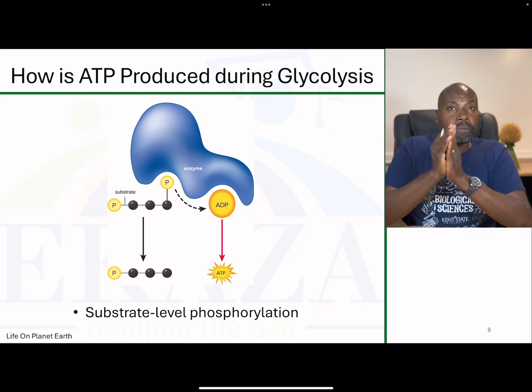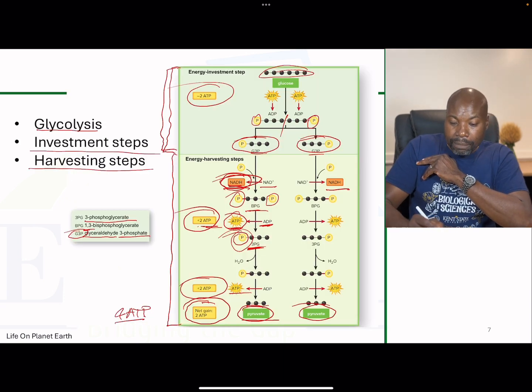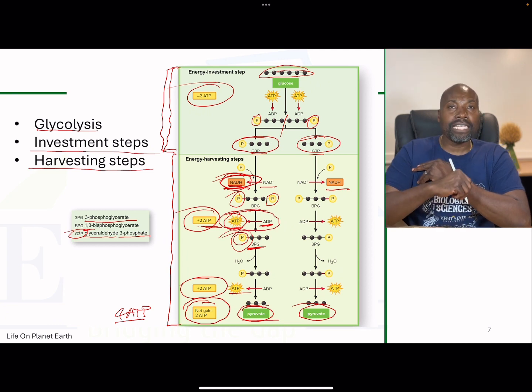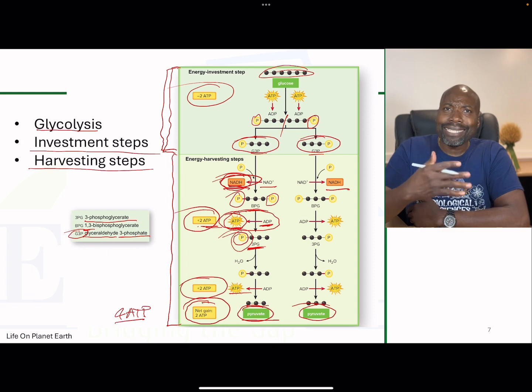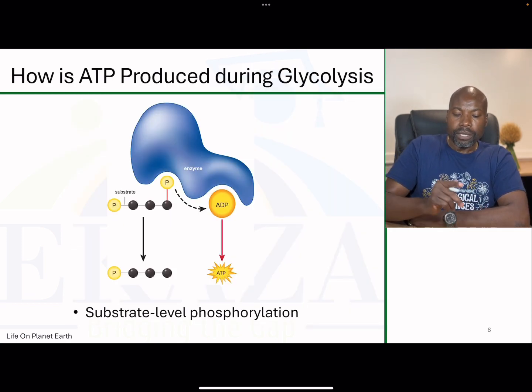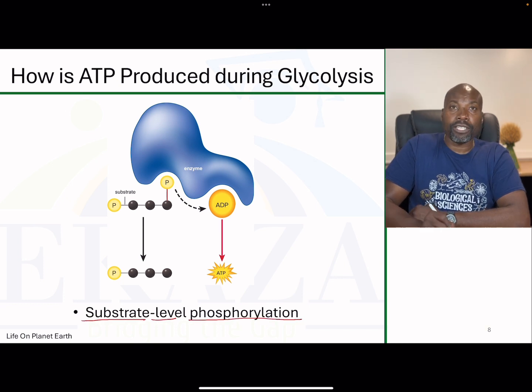So the question we have is that when we look at this step right here, the process by which ATP is produced here from ADP, what is that process? That process is called substrate level phosphorylation.